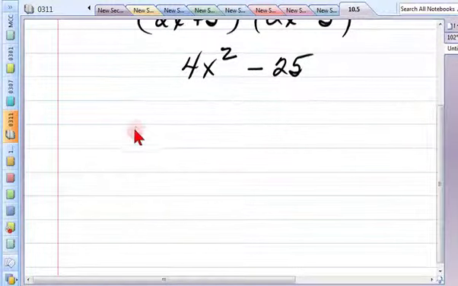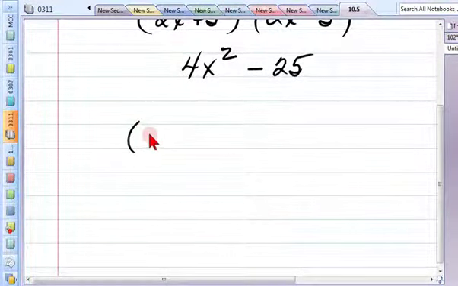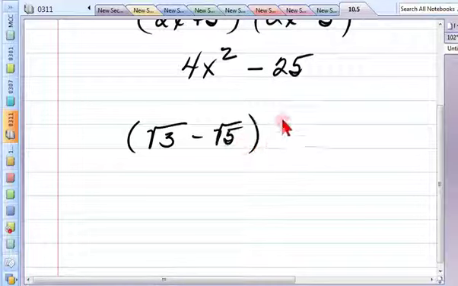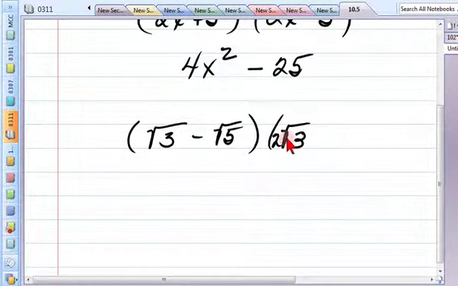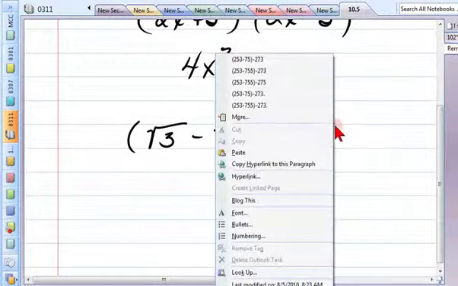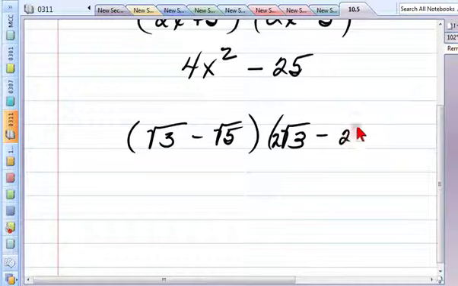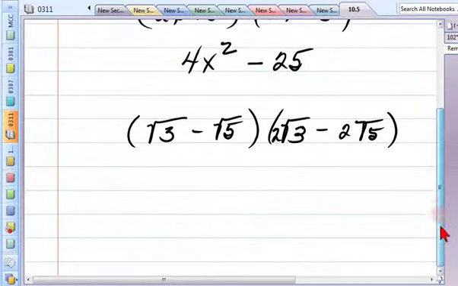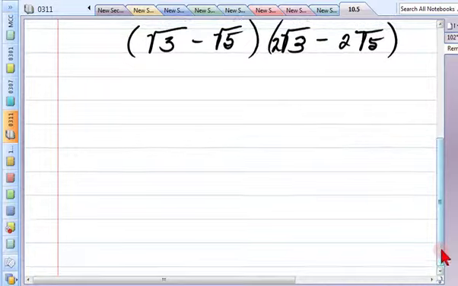Do you remember yesterday? Let's suppose I have the square root of 3 minus the square root of 5 times 2 times the square root of 3 minus 2 times the square root of 5. When we did that yesterday, it was a pretty big process.